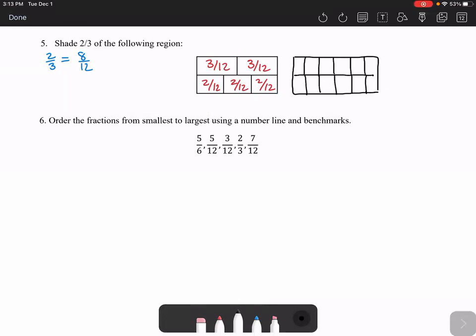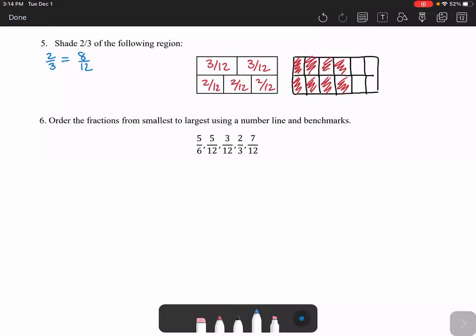So you can make the whole shape into 12 pieces, and then piece it together to have 8 of them. So that's pretty simple, right? You're just going to take 8 of these 12ths.